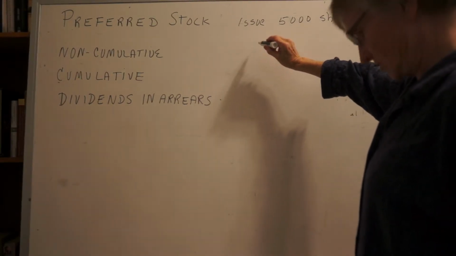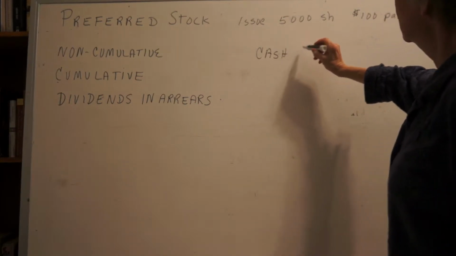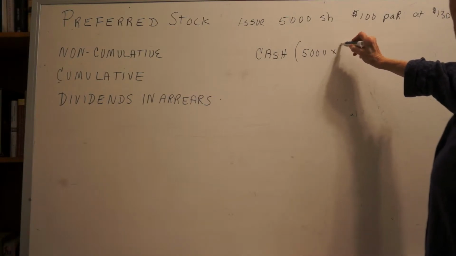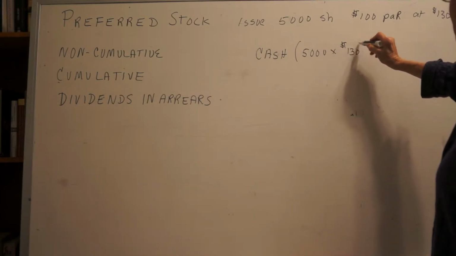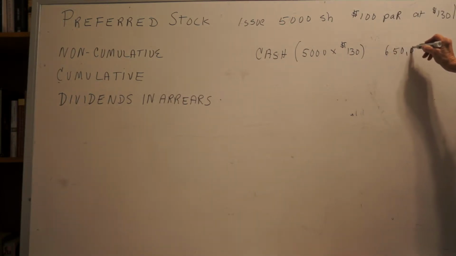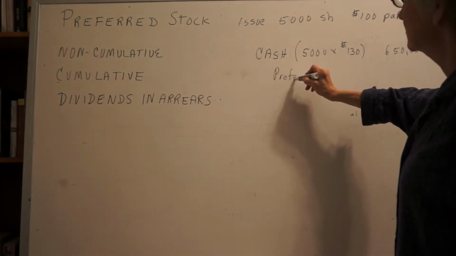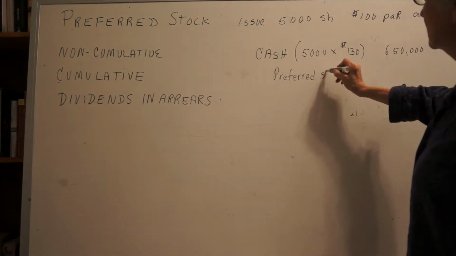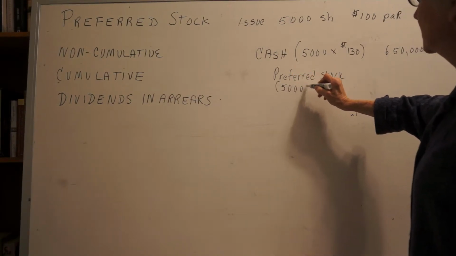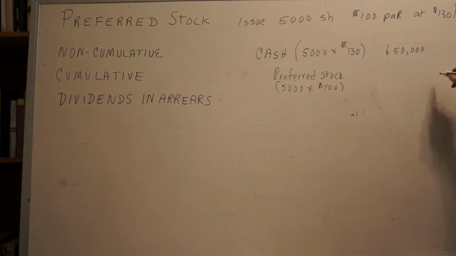So to do the journal entry, we would record cash, which would be the 5,000 shares times $130 market value, so we got $650,000. That would be your debit. And then we would do preferred stock. It's 5,000 shares times the par value, that's all that's attributed to the preferred stock itself.